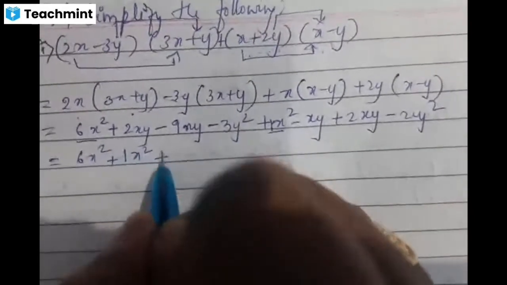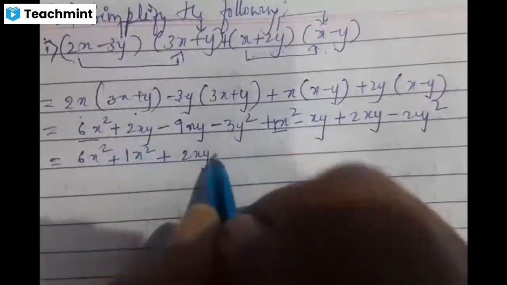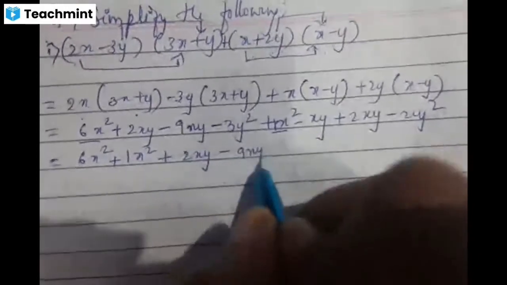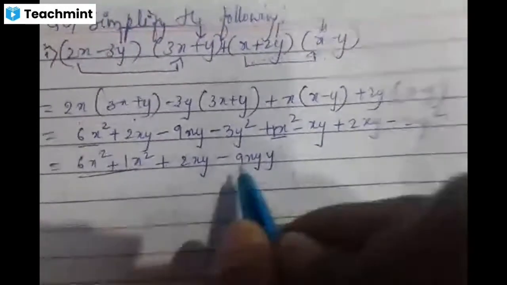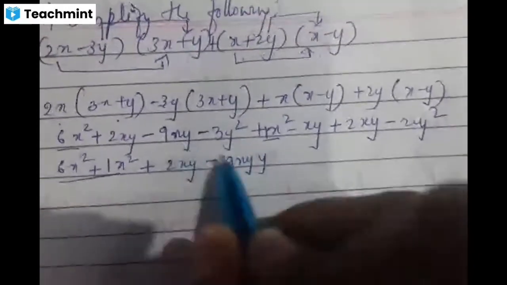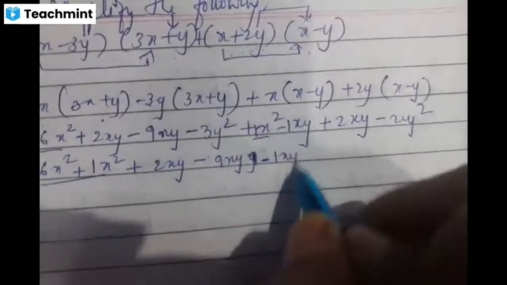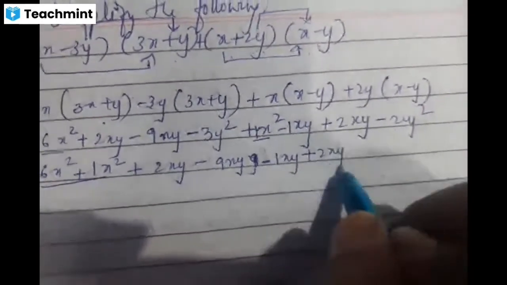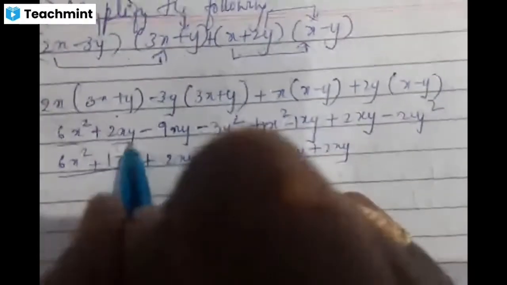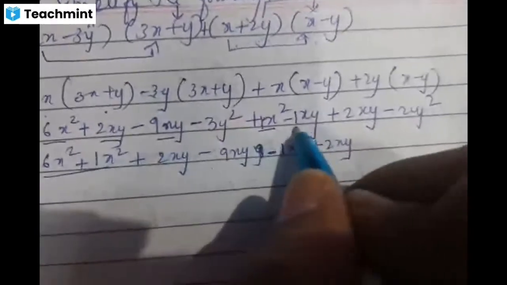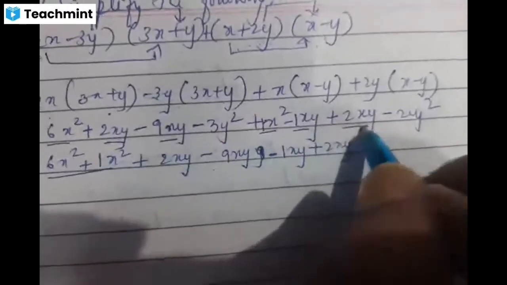Then you have plus 2xy minus 9xy, this is one group, children, and then minus 1xy plus 2xy. So here, these are the terms I have written: 2xy minus 9xy minus 1xy and 2xy.